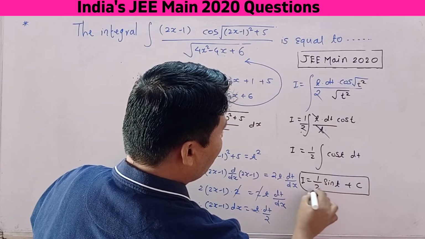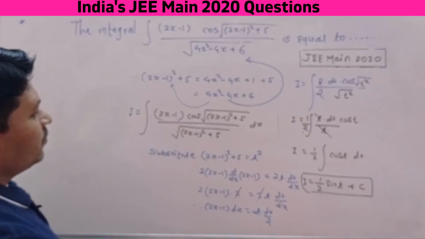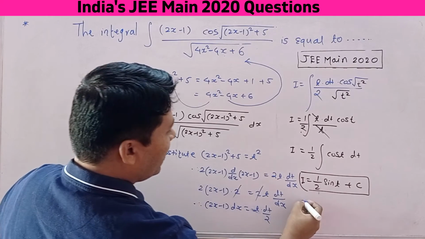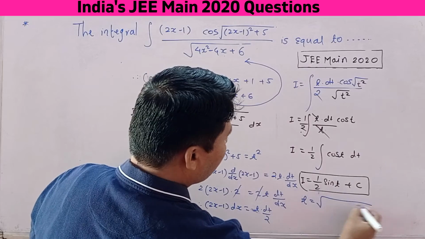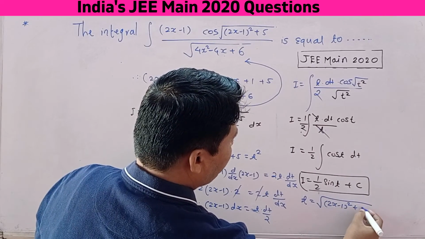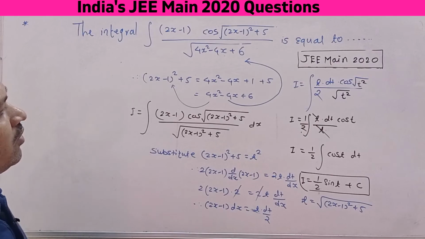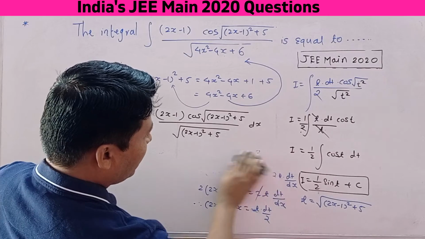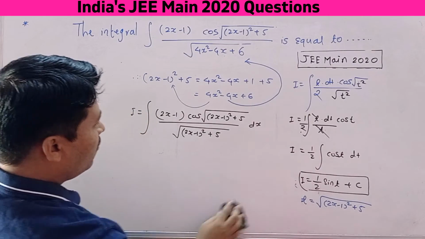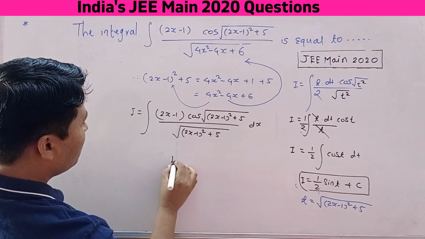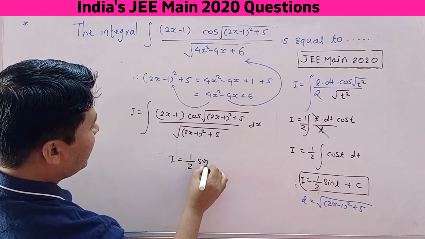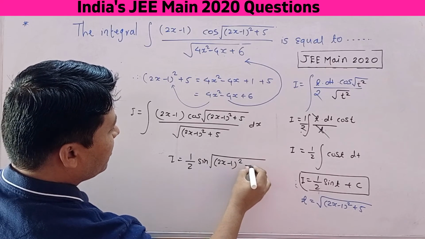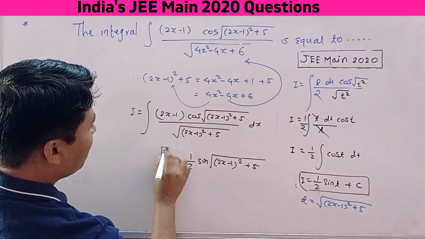Now we put back t: t squared equals (2x minus 1) squared plus 5, so t equals the square root of ((2x minus 1) squared plus 5). Therefore the final solution is I equal to 1 by 2 sin of the square root of ((2x minus 1) squared plus 5), plus c, and this is my final solution.